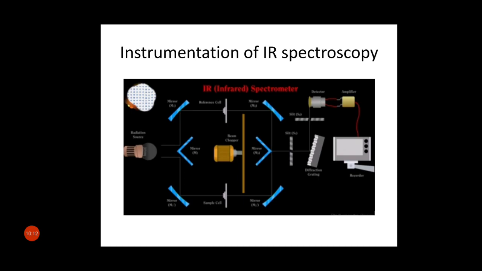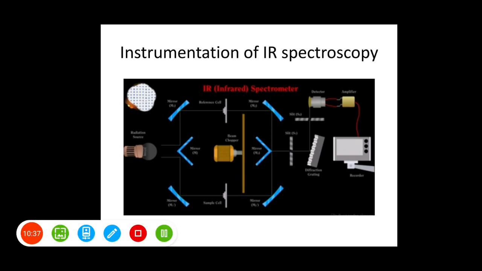Here I have discussed the details of the various parts of the instrumentation. First I will discuss the working principle of this IR spectrometer. The instrumentation of IR spectroscopy I will discuss in the next lecture.